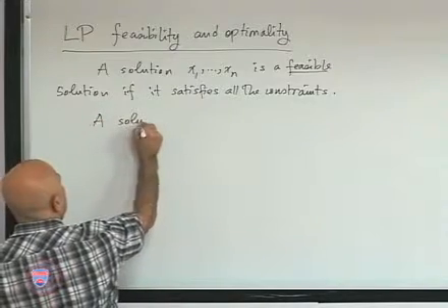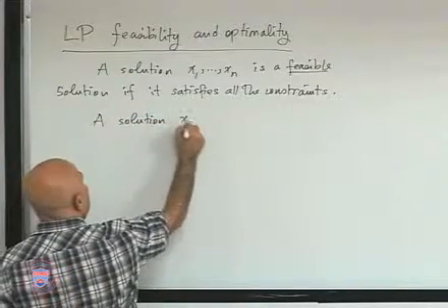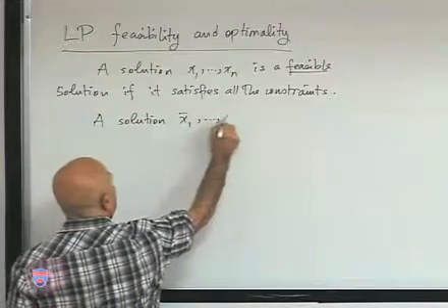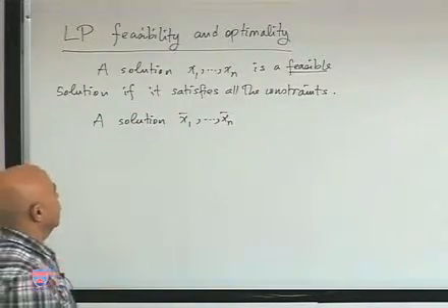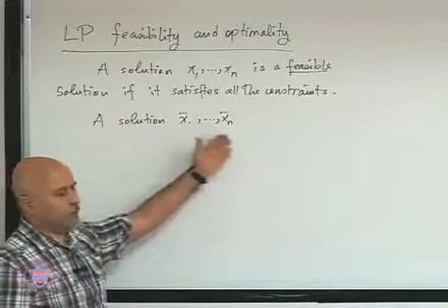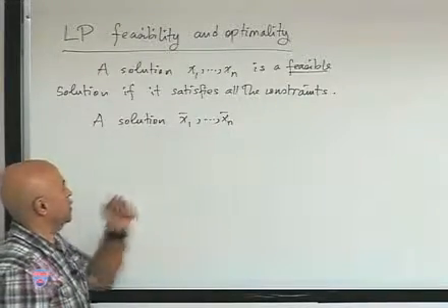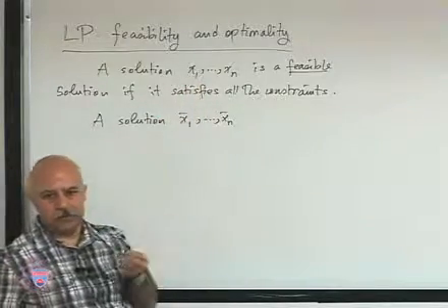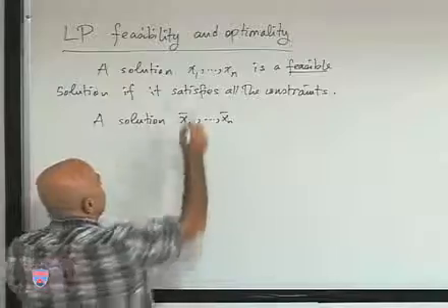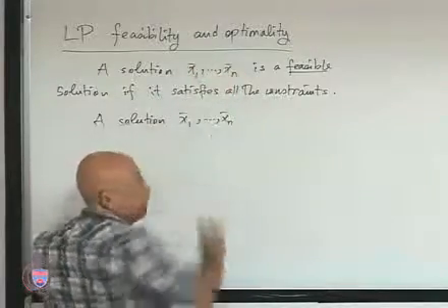A solution x1 bar through xn bar with specific values assigned to each of the variables. In the upper one also you've got specific values in mind. So why don't we make it also bars, okay?